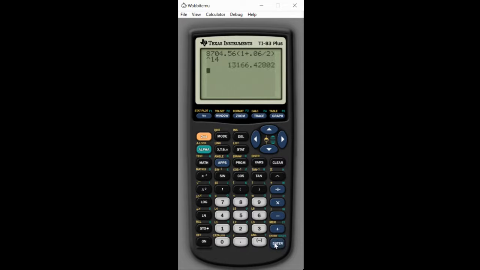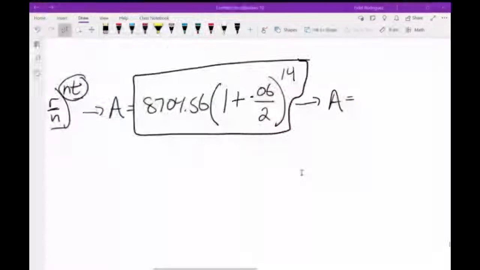And just like that, I'm going to hit enter. And so remember what we're coming up with here. We're investing money, right? So thinking about it in terms of money, I'm going to round everything to the nearest penny because I'm dealing with money here, right? So this would be $13,166.43. Okay, so let me stop sharing this part right here, and let me come back to my review guide.